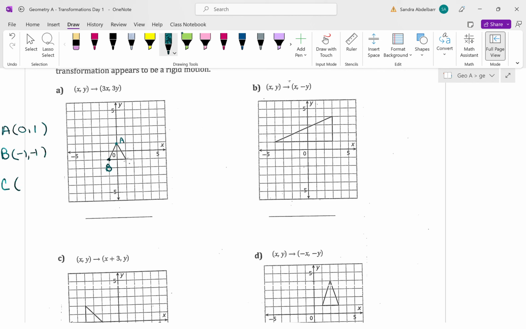And now let's go to C, which is 1, -1. So now let's go to our A prime. Our A prime is going to be 3 times our pre-image. So 3 times 0 is 0. 3 times 1 is 3. So now we're at 0, 1, 2, 3.